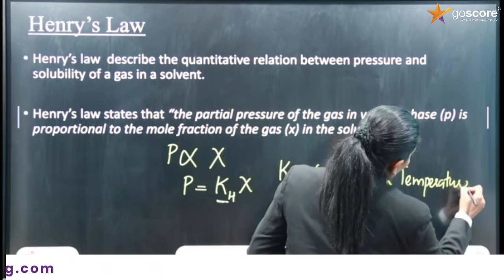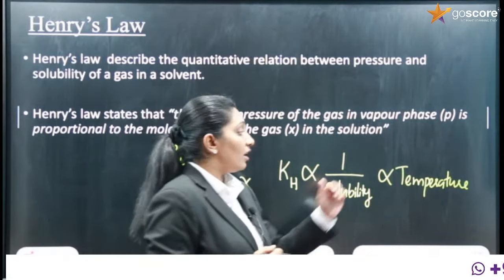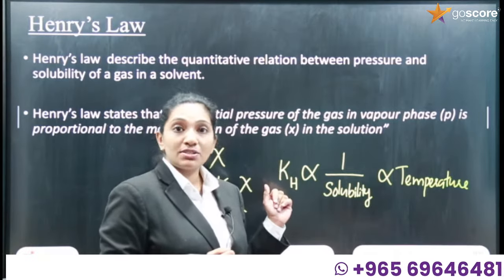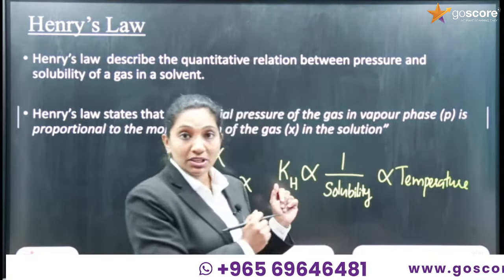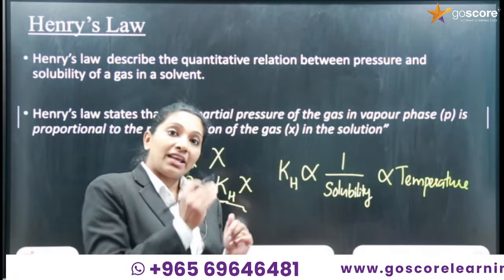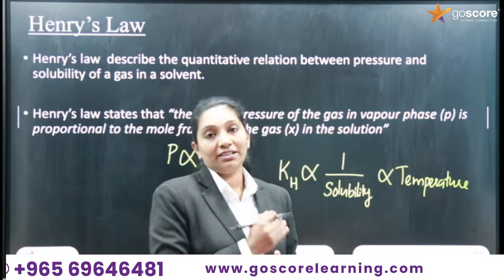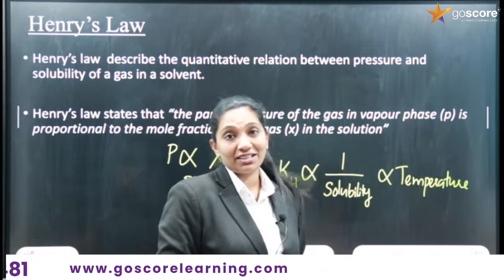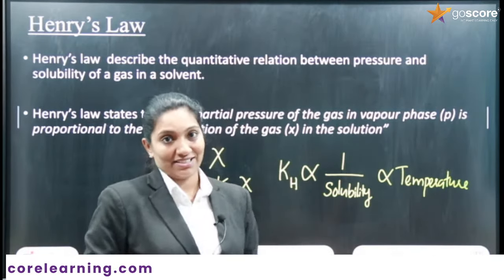When the temperature increases, the KH value also increases. As KH is inversely proportional to solubility, when the KH value increases, the solubility of gas decreases. So what can we conclude? As the temperature increases, the solubility of gas decreases.